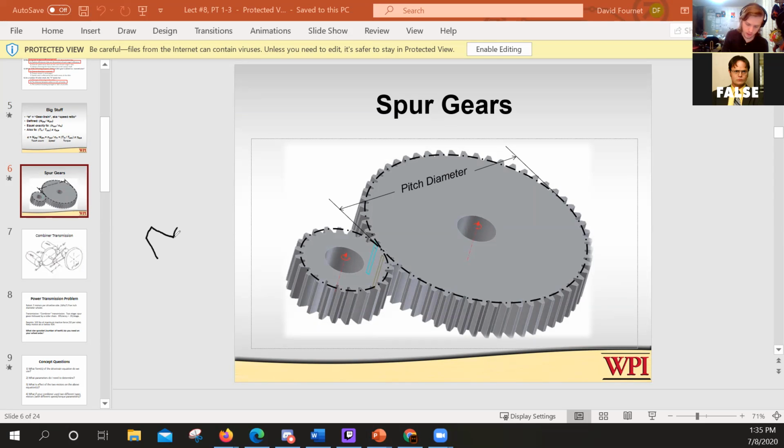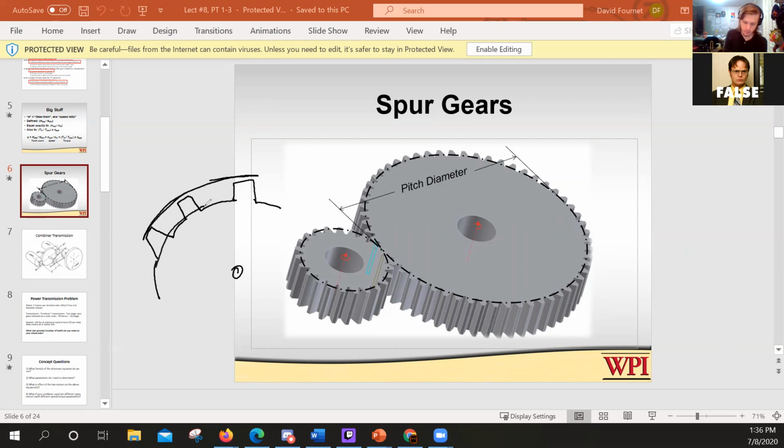So if I looked at a gear real close up, and this might be a bad drawing of a gear, but we'll see if I can do it. Kind of. All right. If I looked at a gear real close up, it would kind of look like this. Gears have different measurements in them, and there's only one that matters for us, and that's the pitch diameter, okay? Basically, there's an outer diameter, which is at the edge of the teeth.